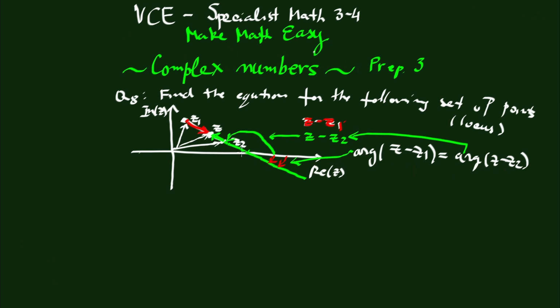So the argument of z minus z1 would be pi minus the argument of z minus z2.